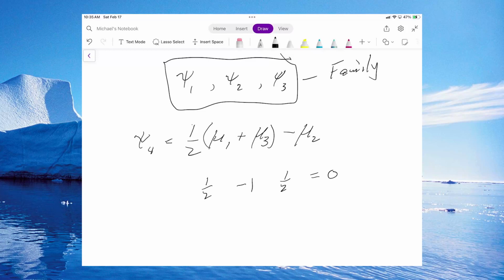And that's a legitimate contrast because when we add all those things together, we end up with 0. So this would be considered a complex contrast. It's not really that complex, but anything that involves more than 2 parameters at a time, we call complex. When it only involves 2 parameters, we call it pairwise.